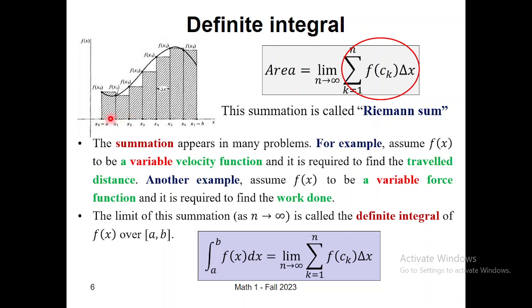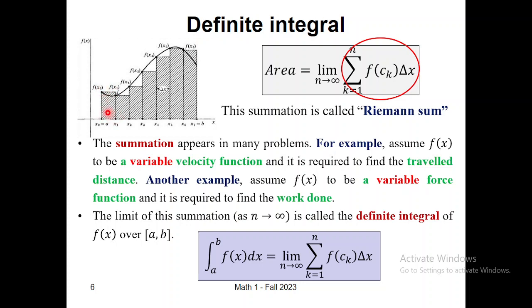Over this time interval you can consider the velocity to be constant, some sort of approximation. If you accept that the velocity over this small interval is constant, then the travel distance during this small subinterval is given by this constant velocity, this height, multiplied by this time period, this width.